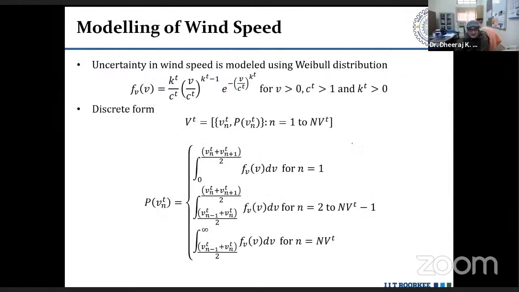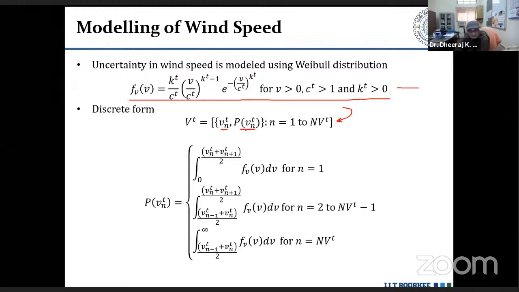And this is how we modeled wind speed. For modeling wind speed, we took the Weibull distribution, and this is the model for a particular hourly segment. We discretized it in a similar way as we did for solar radiation. So this is the particular wind speed state and corresponding probability. Probability we computed using this function as given here.